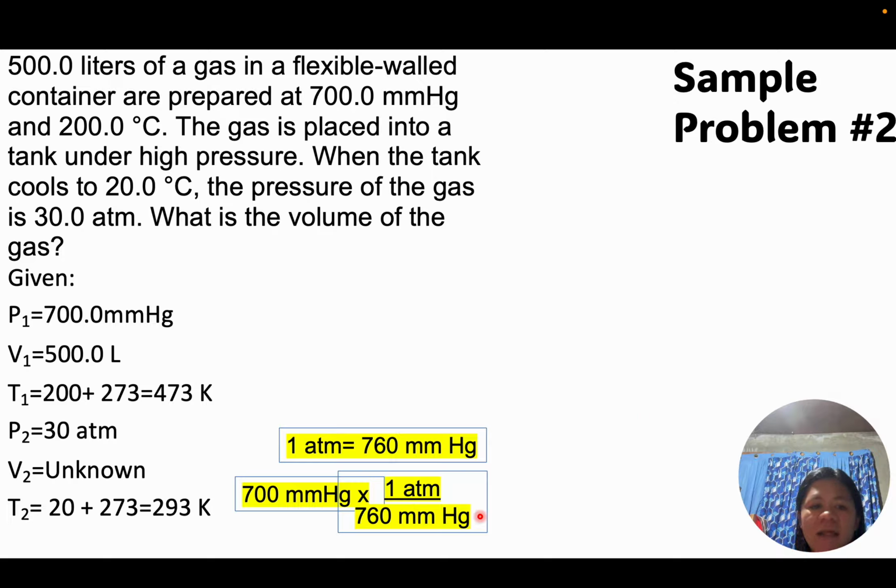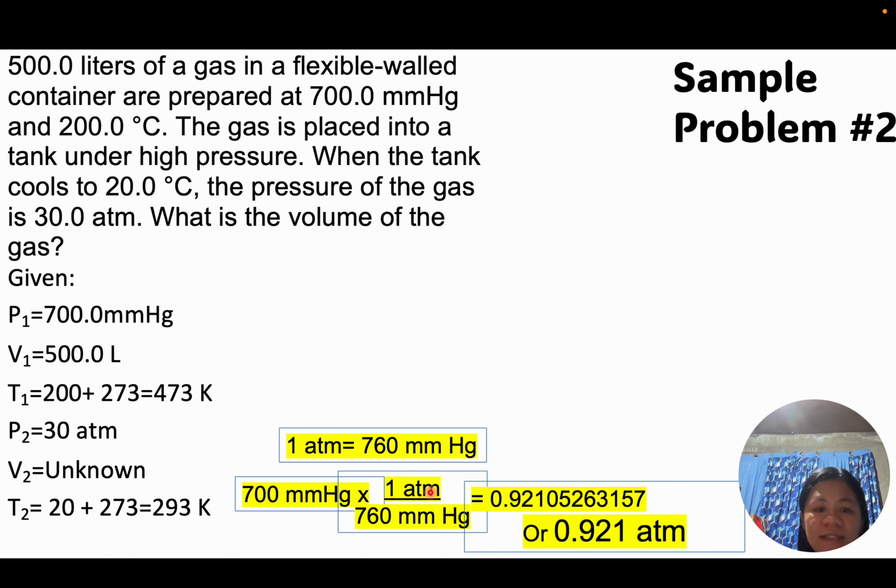And, of course, pag i-compute natin 700 times 1 divided by 760, we'll get 0.92105263157 or simply 0.921 atm. So, imbes na 700 mmHg yung nandito, it will be changed into 0.921 atm.